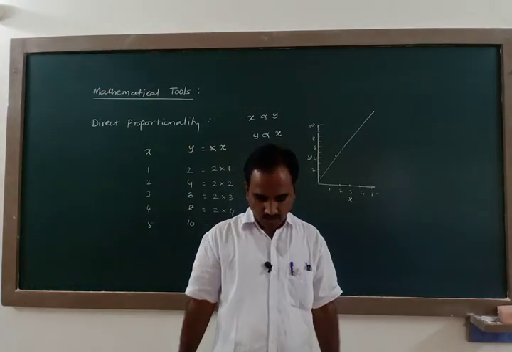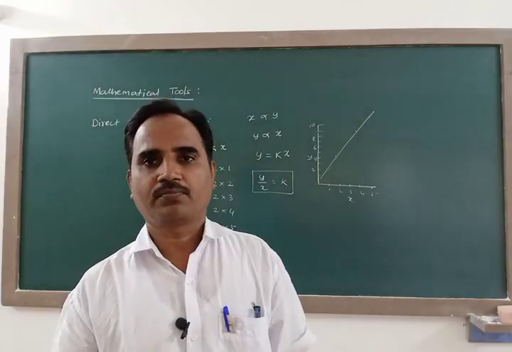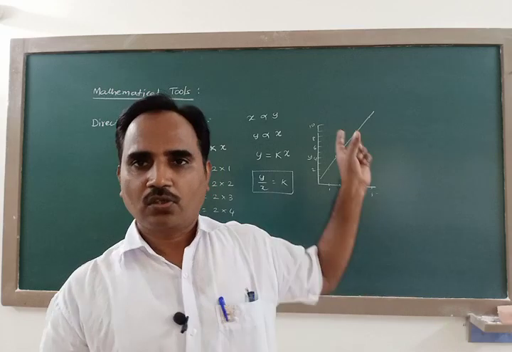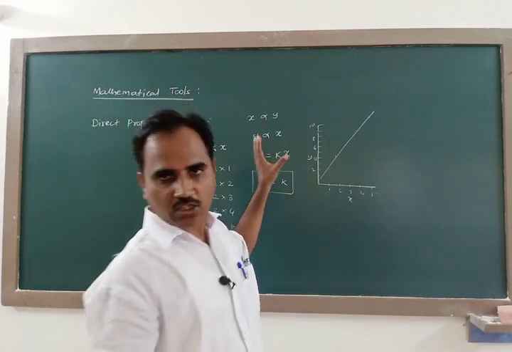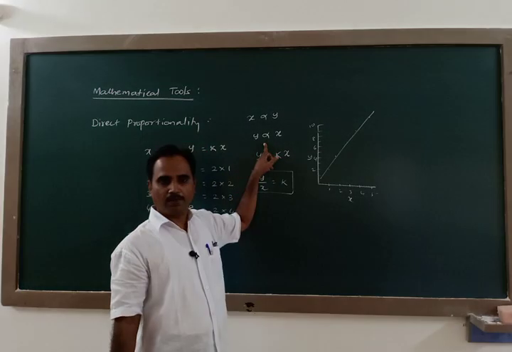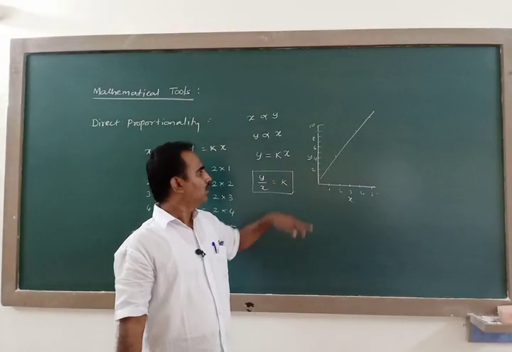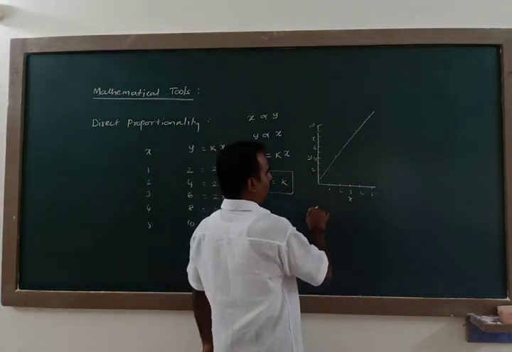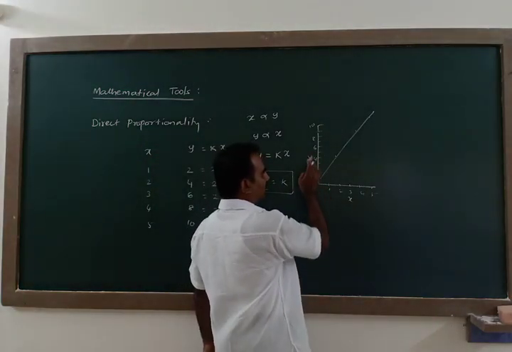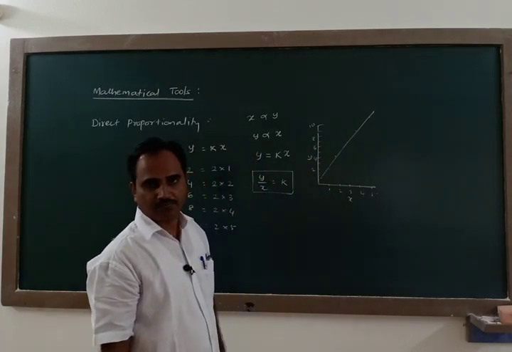See, for every mathematical relation, you can have graphs. So for this direct proportionality, when two quantities are directly proportional, then the graph between them will be a straight line like this.